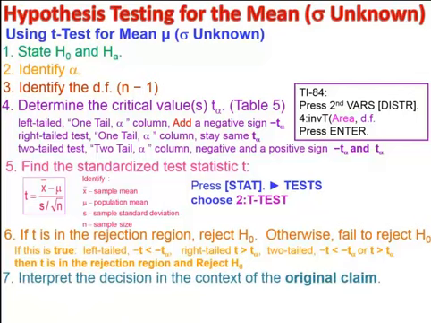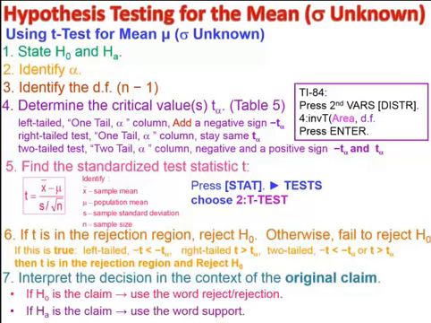And then you're going to interpret your decision in the context of the original claim. So remember, when you're stating your null and your alternative statement, you want to make sure that you have identified the claim, because at this point it's going to be very important. So remember the wording.